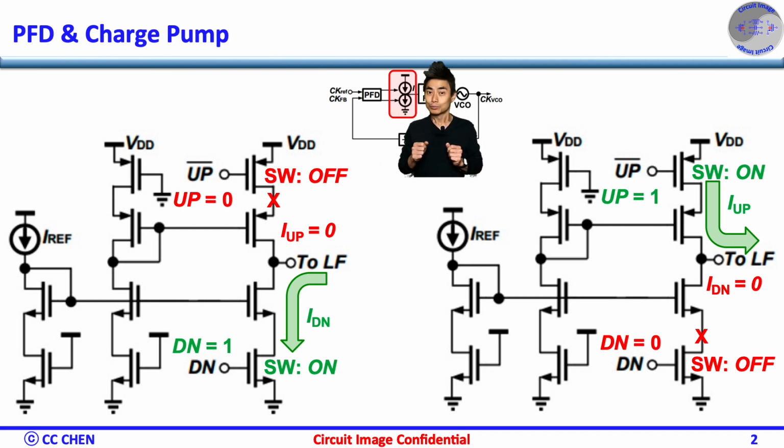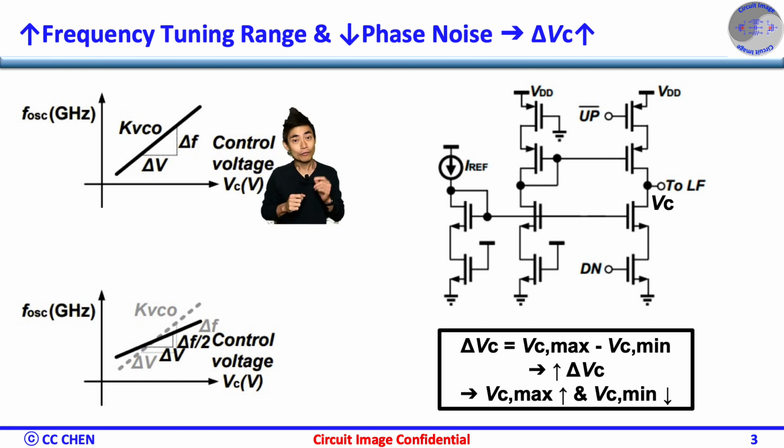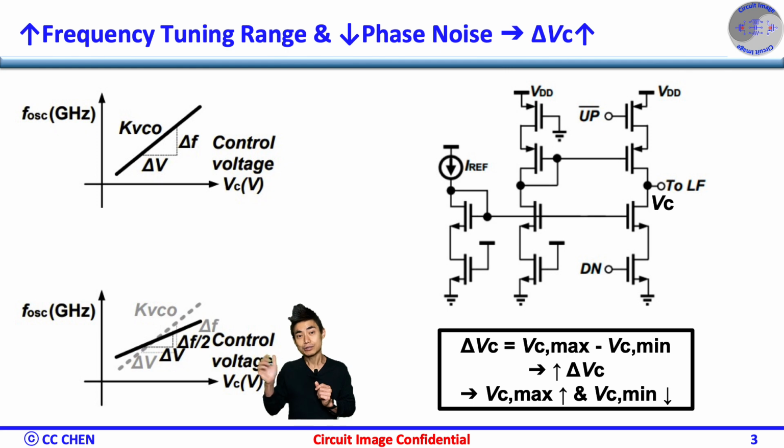So, do you see any issue here? Think about the control voltage images for 5 seconds. Bingo! The control voltage of VCO, meaning the output of the charge pump, could be moved up and down, which may match VCO's transfer curve of the frequency versus voltage to make sure the VCO has enough frequency tuning range and good phase noise.